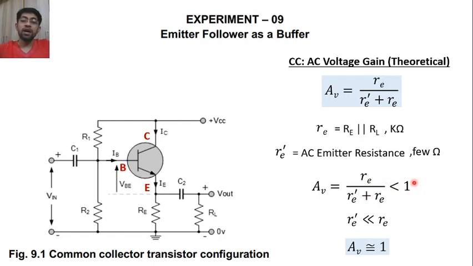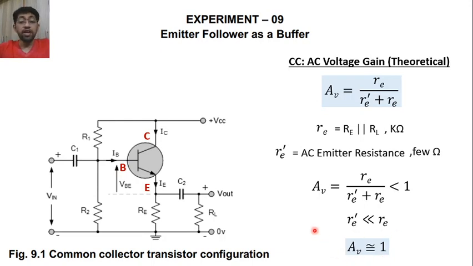Since re dash, which is a few ohms, is very much less than re, the parallel combination of RE and RL, one can neglect re dash. If one neglects re dash, then the ratio is simply re upon re, which is 1. So the AC voltage gain of this CC configuration is nearly 1.